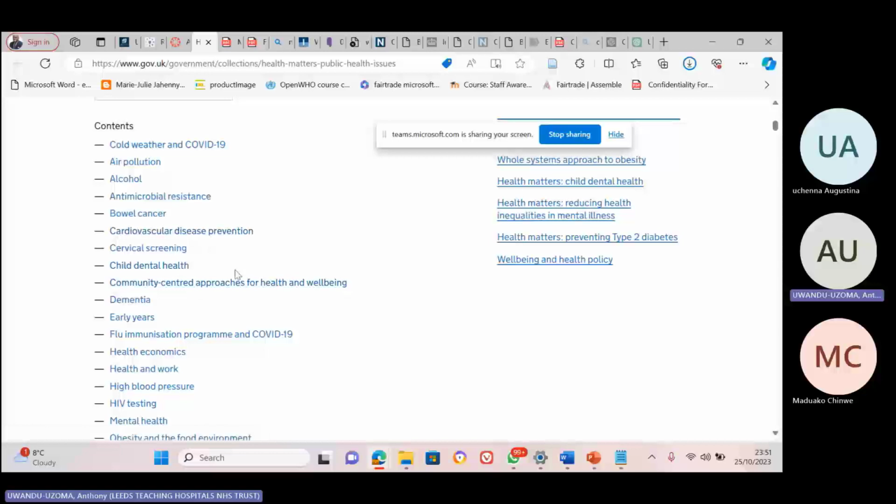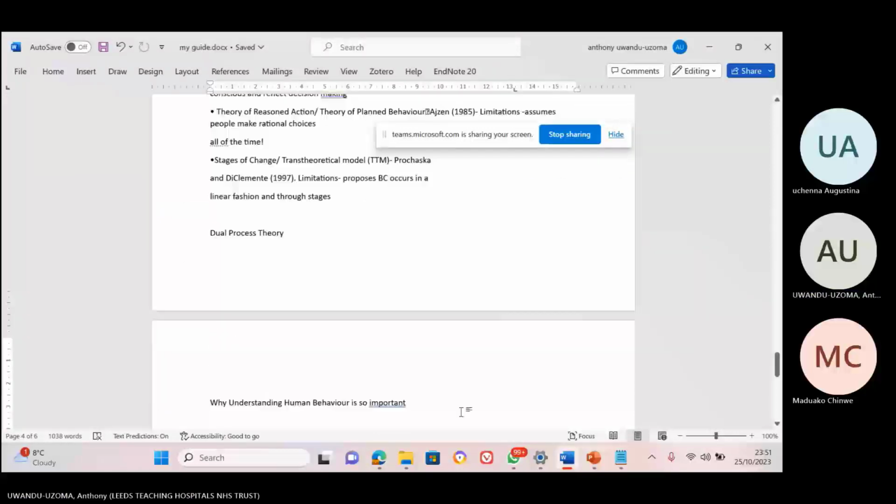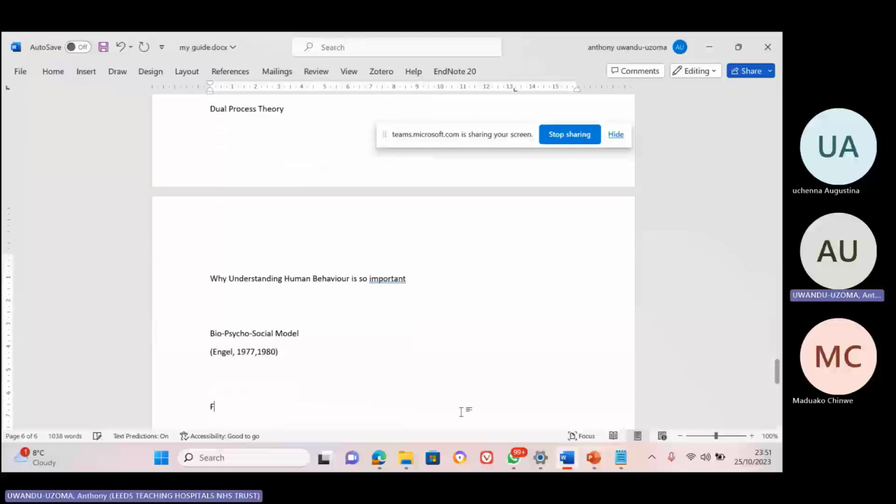Examples of a topic can be facilitators and barriers, as in factors affecting access to a service. I'm just giving you an idea of what a research topic can look like. So you need to find research ideas.